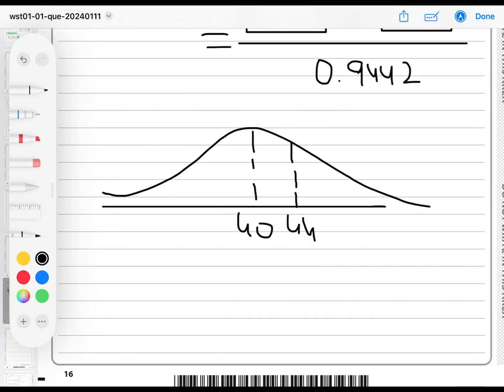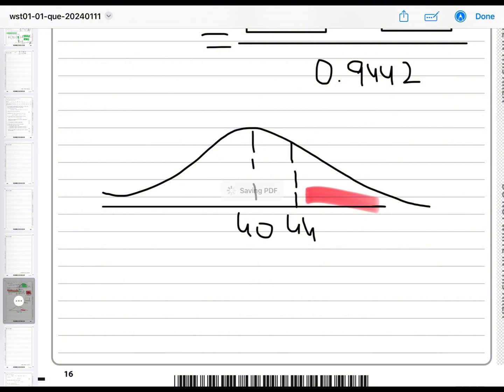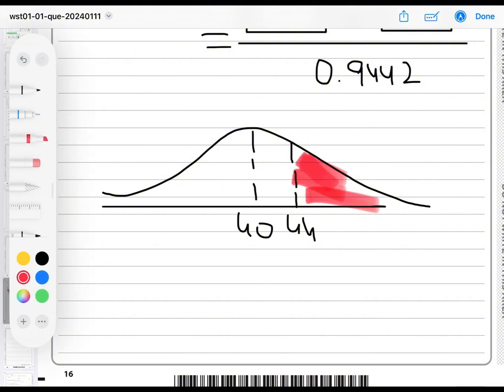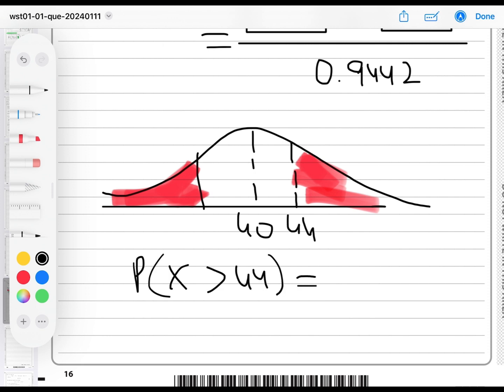Which means they are asking for this area. It's symmetrical, we will take the symmetrical view. So first of all, they are asking for greater than 44, so we will find the z-score for this one.